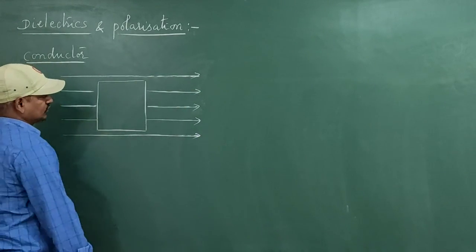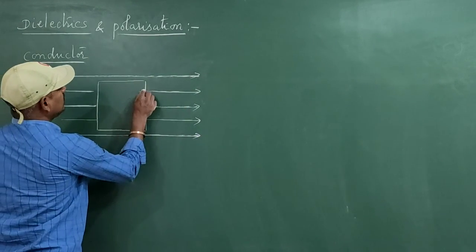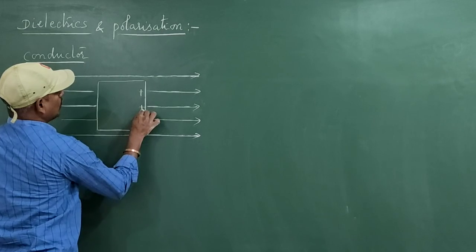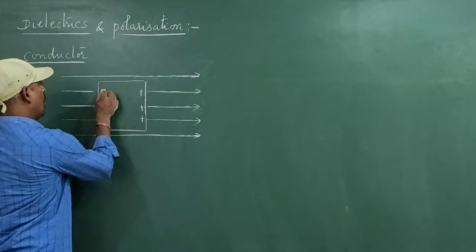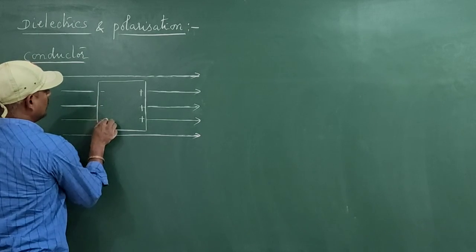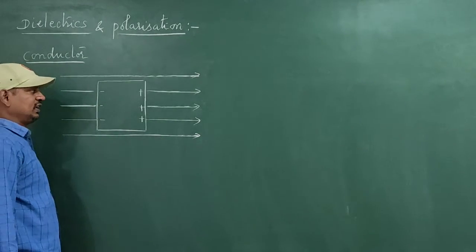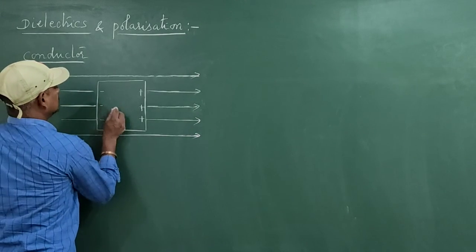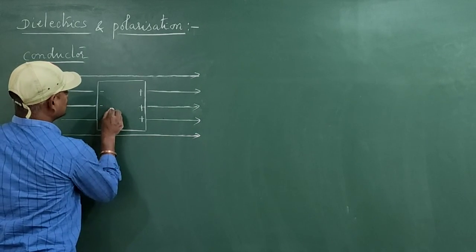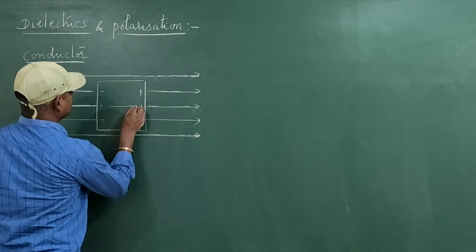Now what happens? All the positive charges will move along the direction of the electric field. All the negative charges will move opposite to the direction of the electric field. So inside this conductor there is an external field.